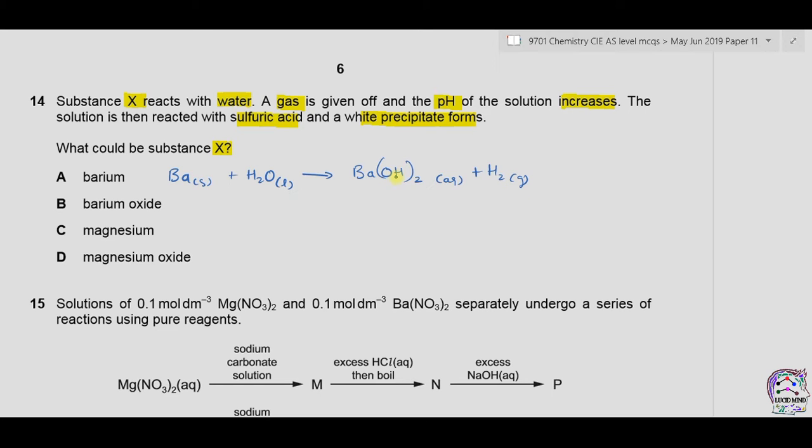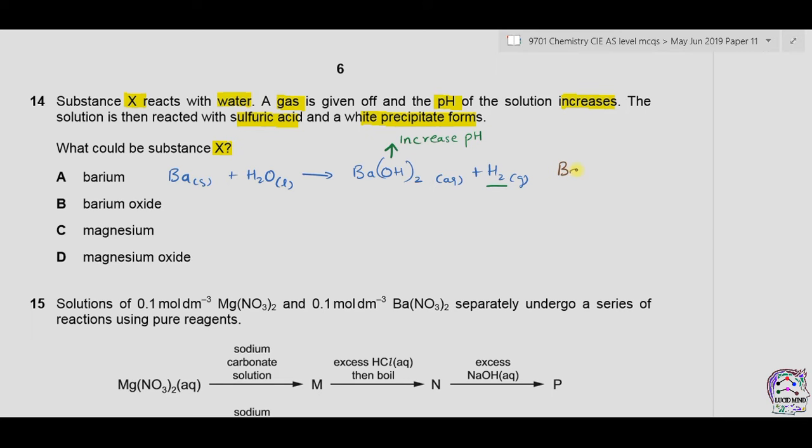As barium hydroxide is highly soluble in water, it will increase the pH. And also hydrogen gas is being produced. So both assumptions are correct: a gas is given off and pH increases. So we can do the second reaction with sulfuric acid to see whether a white precipitate forms or not.